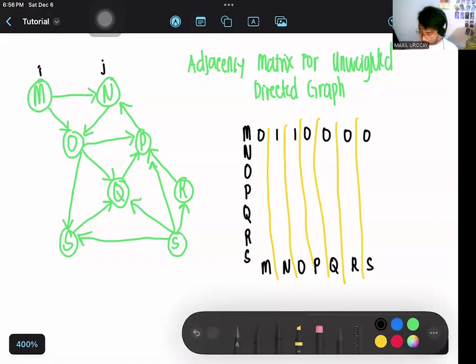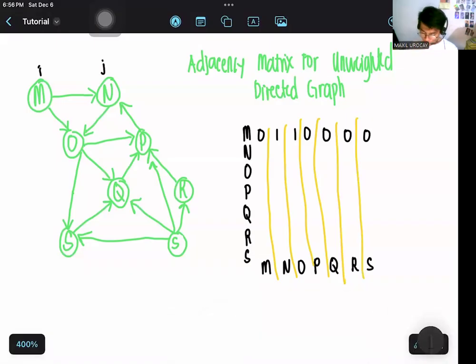Now after that, you have to work on the N. N to M is not adjacent because it is not bidirectional. And then N to N is not adjacent. N to O they are adjacent, so that is one.